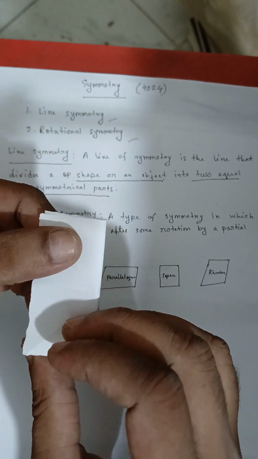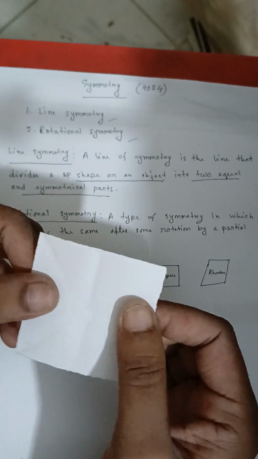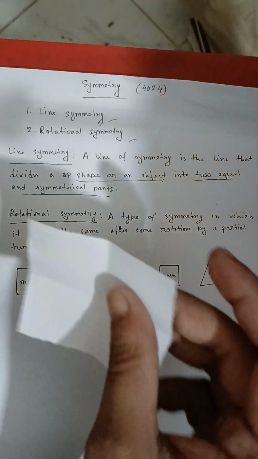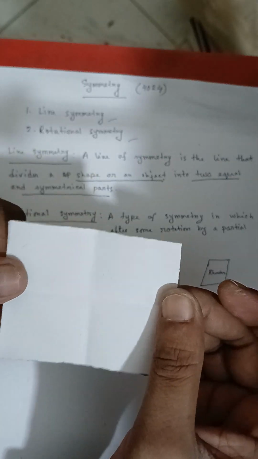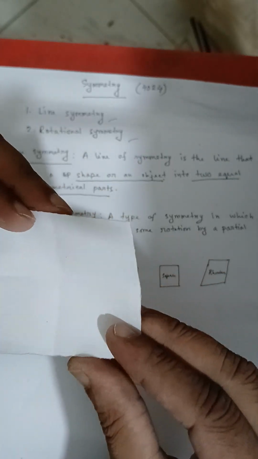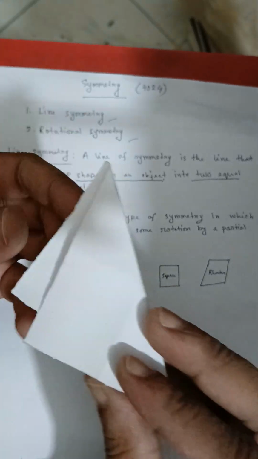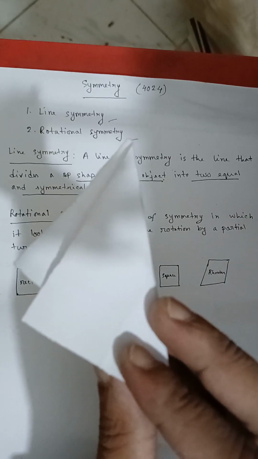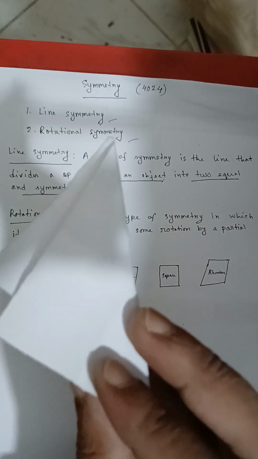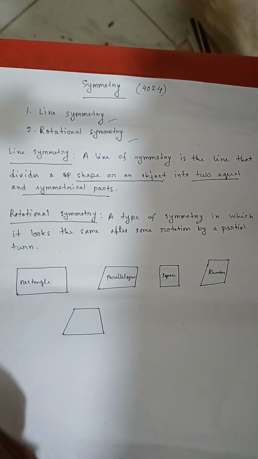There are four lines of symmetry, but in the rectangle there are only two, because if I fold it diagonally, it does not overlap. This shape and this shape don't match. These two shapes do not match. Got it? Okay.